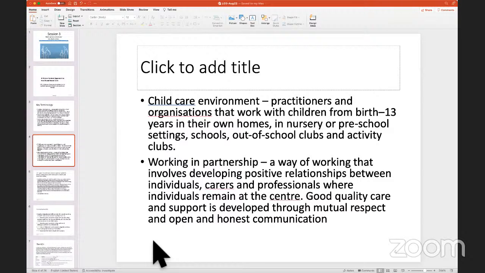So here again, you'll have practitioners or organizations which work with children from birth to the age of 13. And in some cases, when you look at people having deliveries, when I say mothers delivering babies during the COVID pandemic, you could possibly see that a lot of mothers actually delivered a baby at home instead of going to the hospital.